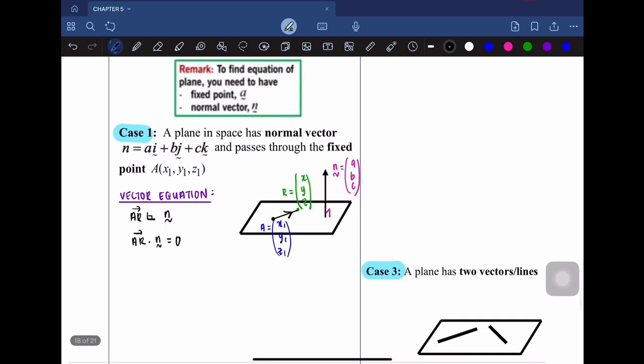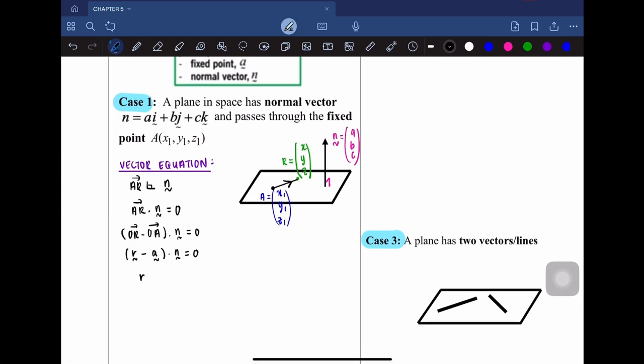AR is equal to OR minus OA, so (r minus a) dot n equals 0. Using the properties of the dot product, we expand this to r dot n minus a dot n equals 0. Then I bring a dot n to the other side, and we have r dot n equals a dot n. So this is the vector equation of your plane.